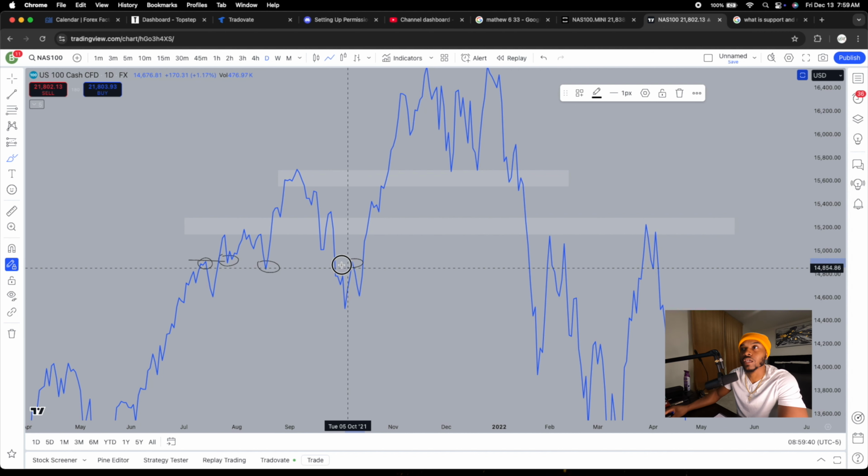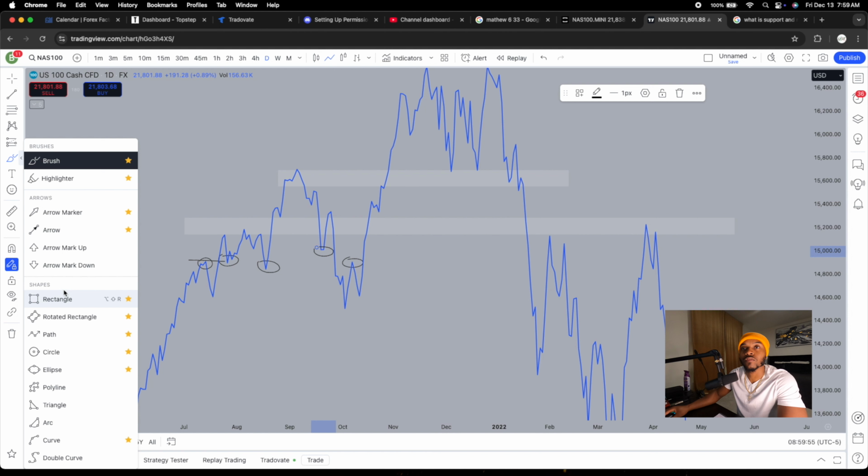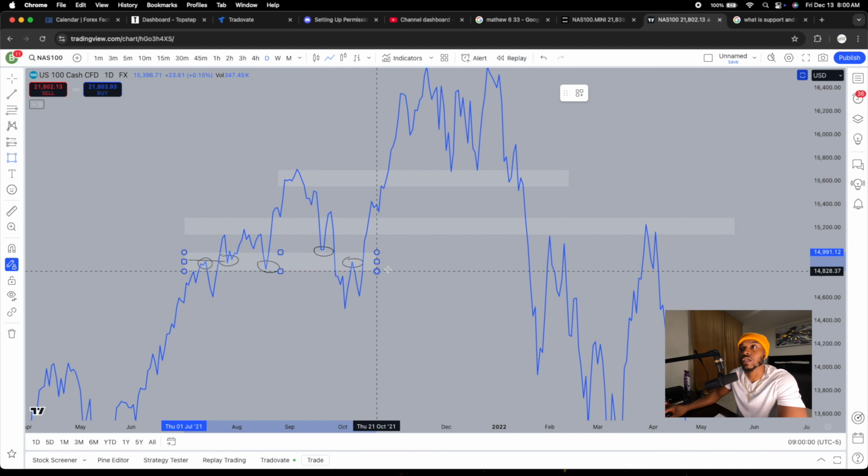Right here, it went down. Right here, it went up. And once you get an area with all these lines of rejection, which means price was bouncing off of it, whether it was above or below it, that gives you an area of support or resistance. So you can draw your line right here, and if you see any more areas right here, you can draw it over.